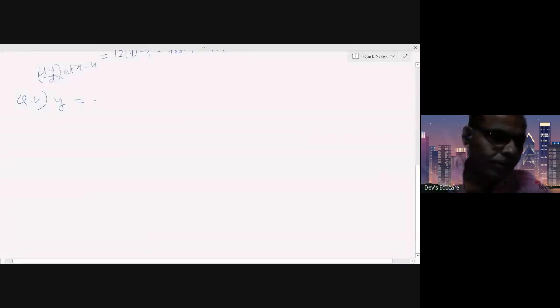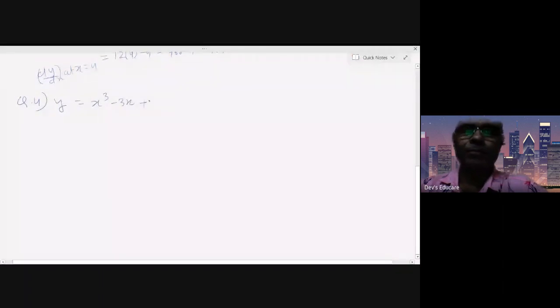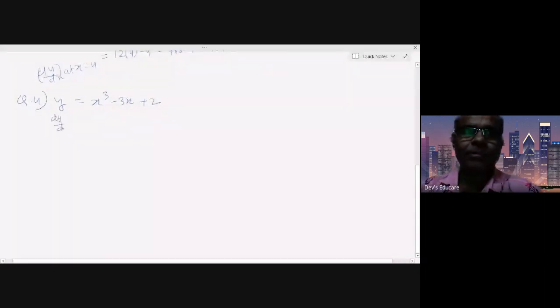The equation of the curve is given as y equals x cube minus 3x plus 2. So finding dy by dx first, dy by dx equals 3x square minus 3.